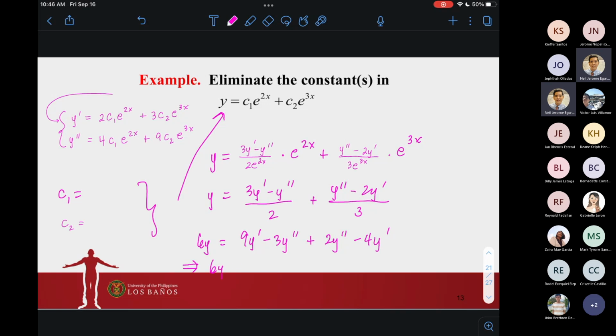So this is going to be 6y equals 5y prime minus y double prime. Or in other words, this is y double prime minus 5y prime plus 6y equals 0. That's our differential equation. This is a homogeneous linear second order ODE. All right?